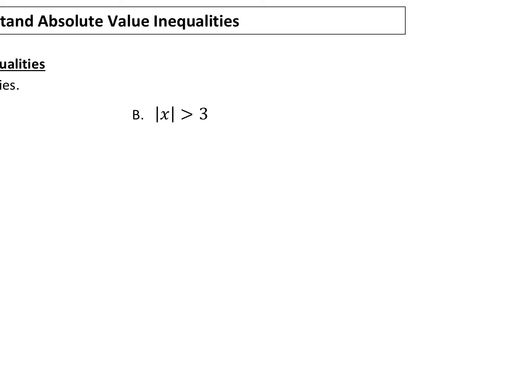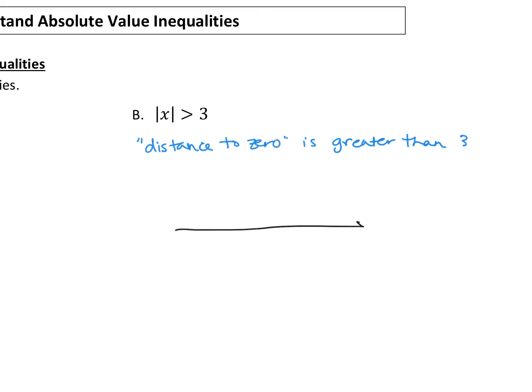So the absolute value of x is greater than 3. So remember, absolute value of x is the distance to 0, and then because it's a greater than, we're going to say it is greater than 3. So what does that mean? Well, let's just look at a number line again.